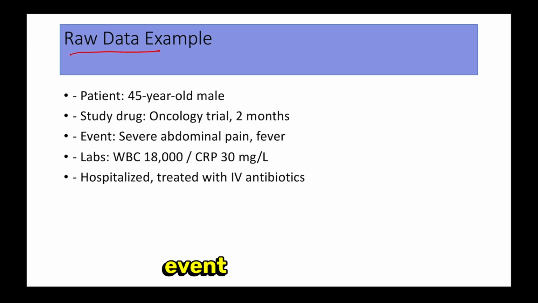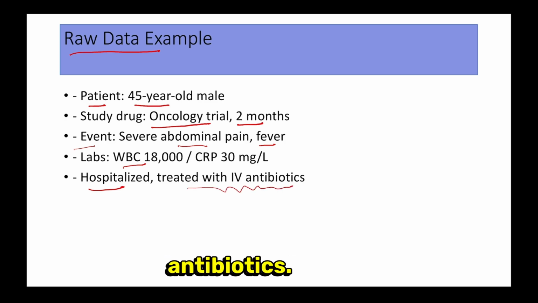Suppose there is one event or an ADR, whatever you want to think, that happened. Like there is a patient, a 45-year-old male, studied drug is oncology. Since 2 months the patient is taking it. The event is abdominal pain and fever. These are the lab values, and the patient was hospitalized and treated with IV antibiotics.